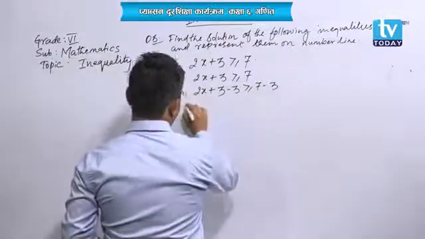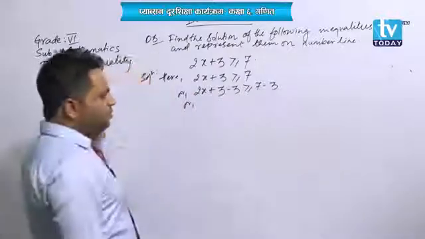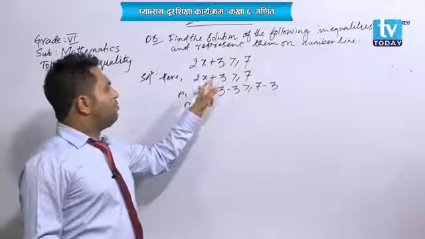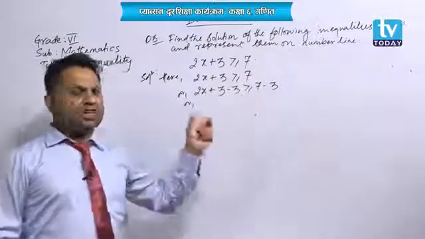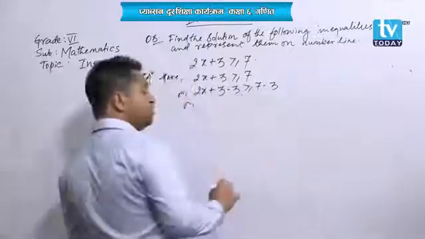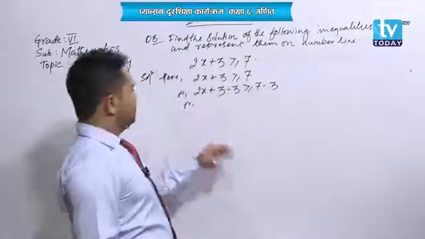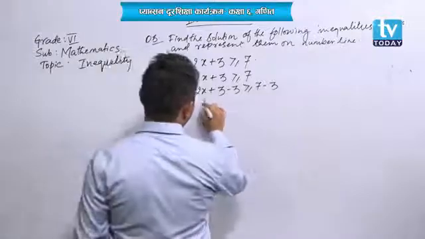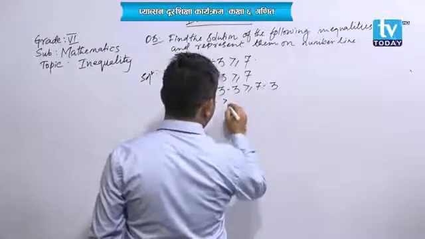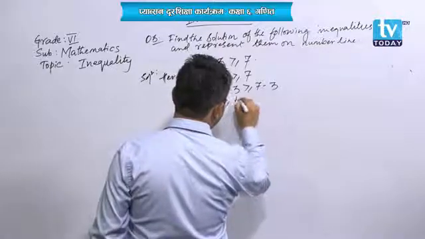Why are we doing minus 3 here? Because there is plus 3. If there is plus 4, then minus 4. If there is minus 5, then plus 5. Our intention is to find the value of x. Then 2x, 3 minus 3 is 0. Then greater than equals to 7 minus 3, 4.